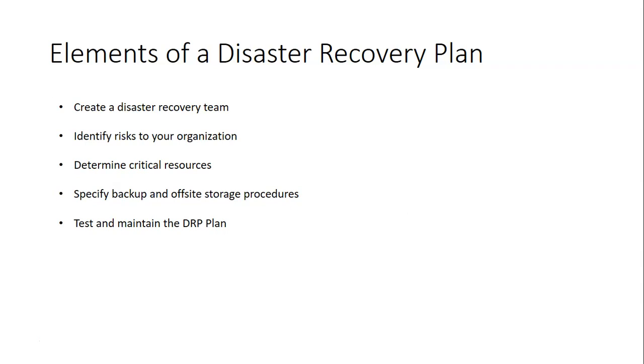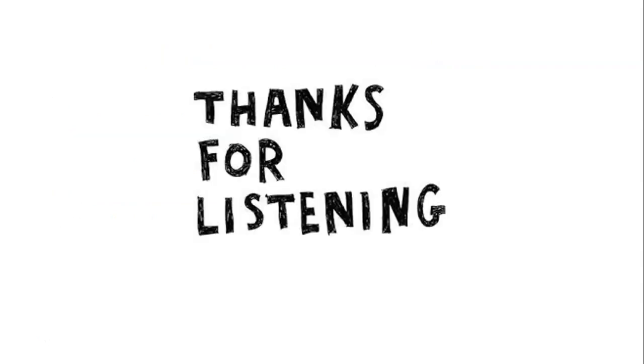Then there's the structured walkthrough, where you and your team go through the plan, also called a checklist review or tabletop exercise. Remember to test and maintain the plan at least once every year.